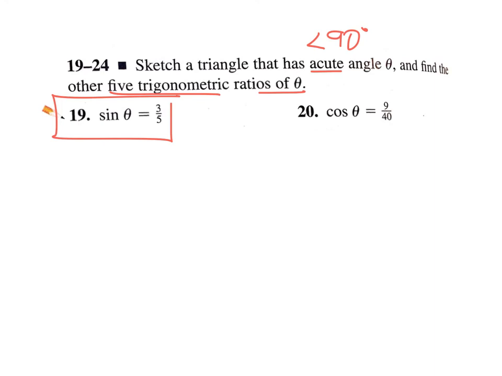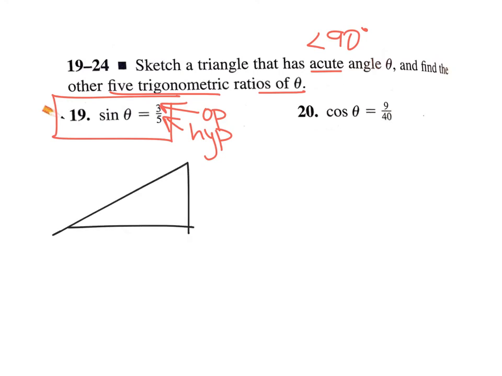Sketching a triangle, sine of the angle is 3/5. So we have opposite, hypotenuse. This is looking suspiciously like that one we just had, 3, 4, 5, which is common.